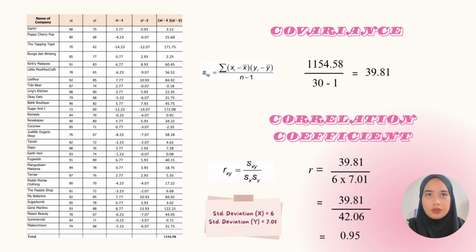R equals 39.81 divided by the standard deviations that we calculated in the previous part, which is 6 times 7.01. So we get 39.81 divided by 42.06, and the total is 0.95.